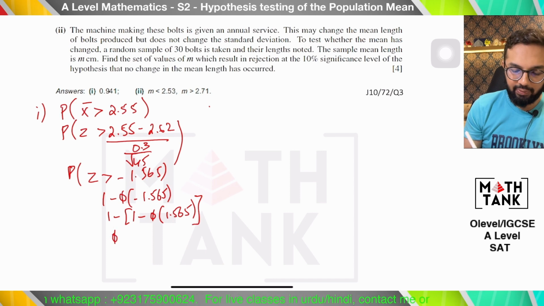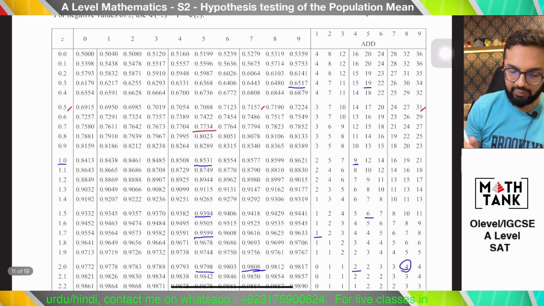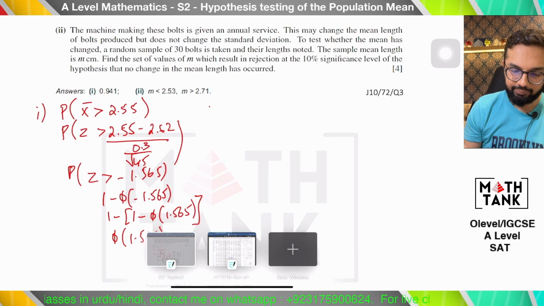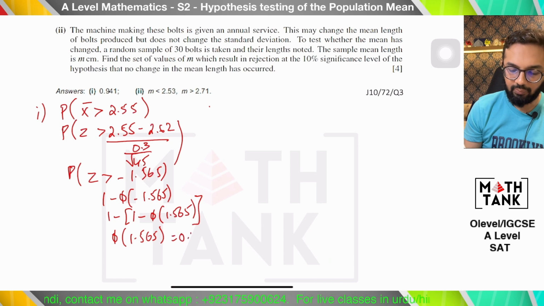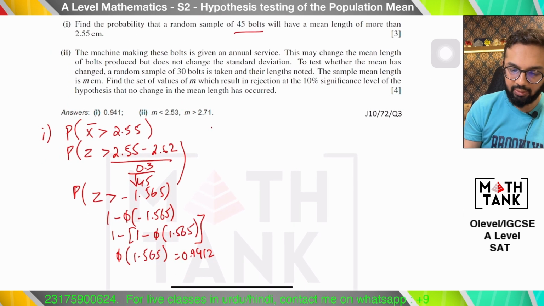It's phi of 1.565. 1 and 1 will cancel out. 0.9412. Okay, that's the answer to the first part.